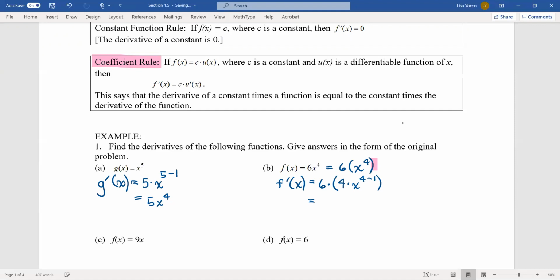All right, we can go ahead and multiply the 6 and the 4 together, and then subtract 4 minus 1 is 3, and you're done. All right. So these are both illustrations of the power rule for finding your derivative. All right, any questions so far?